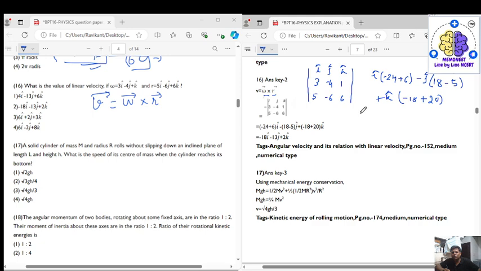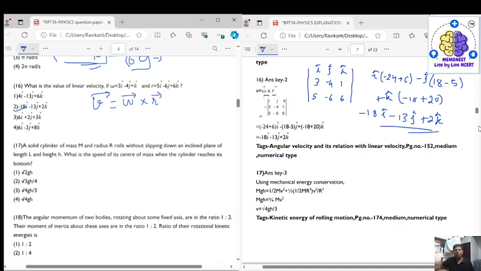So this would result in minus 18 i cap minus 13 j cap plus 2 k cap. So this is the cross product of omega and r, which is nothing but the v vector. So the correct answer for 16 is option 2.